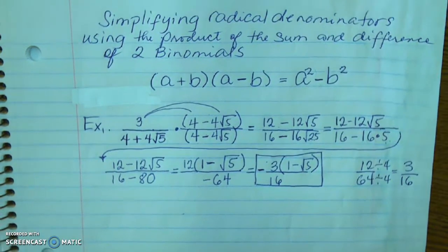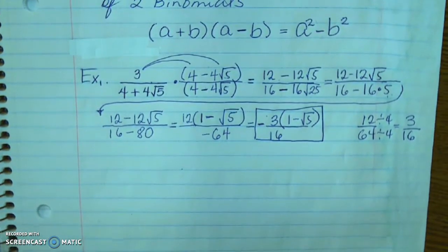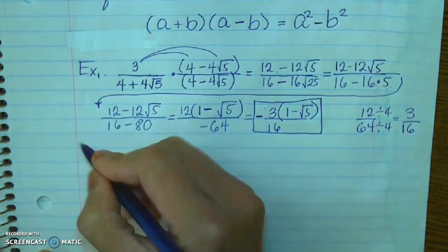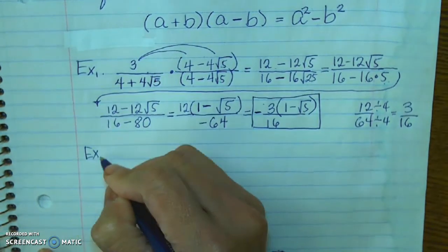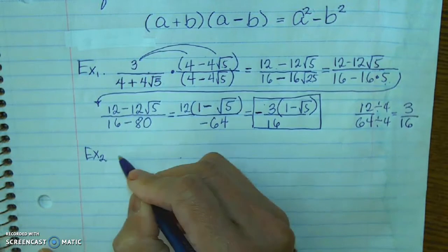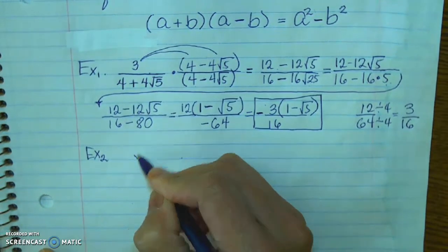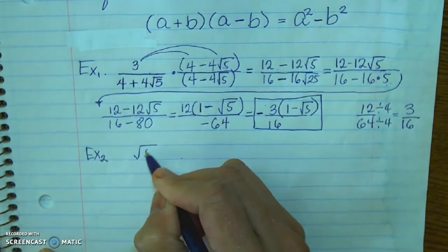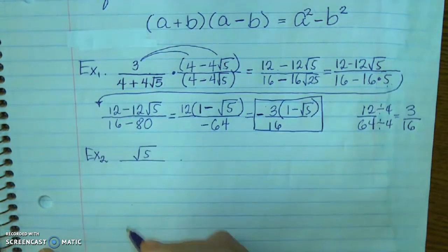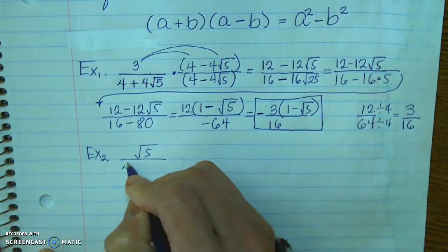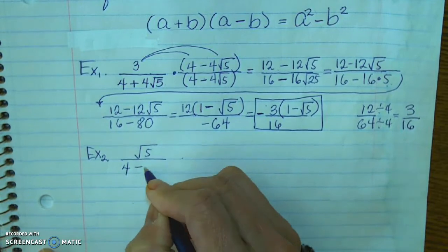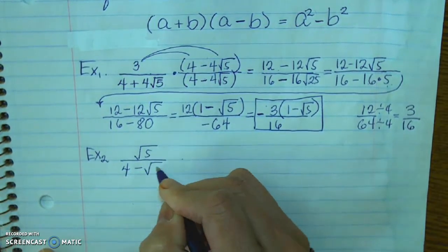Okay. For our example number 2, we are going to use square root of 5 over 4 minus square root of 5.